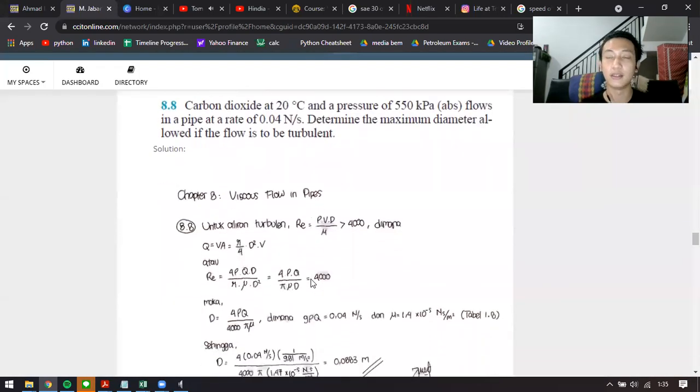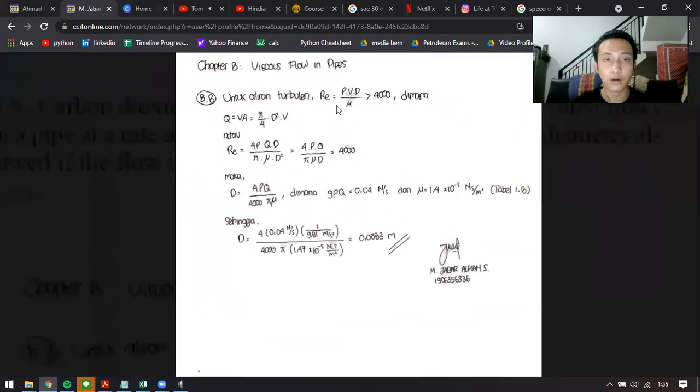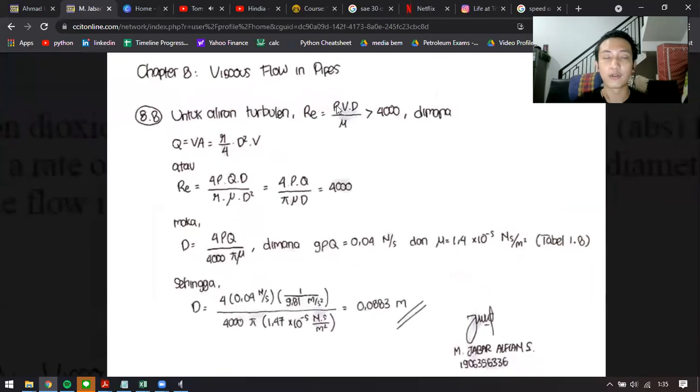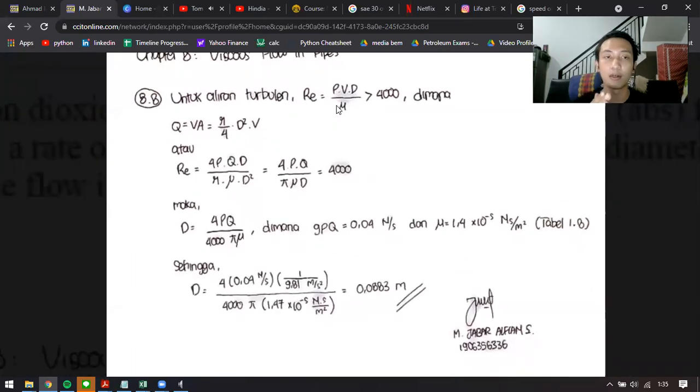We can start to solve this problem by knowing first that the flow is turbulent when the Reynolds number is more than 4,000. We can start from the formula of the Reynolds number: 4 times ρ times Q per ρ times kinematic viscosity times diameter equals 4,000.